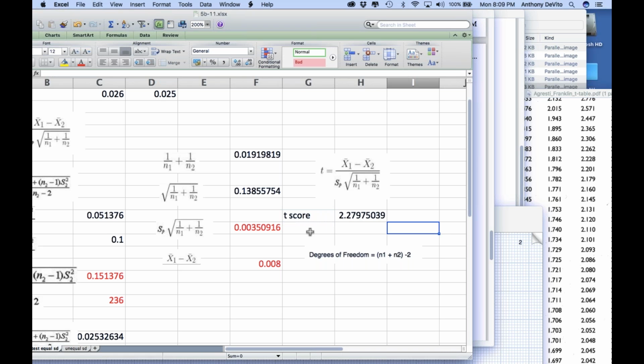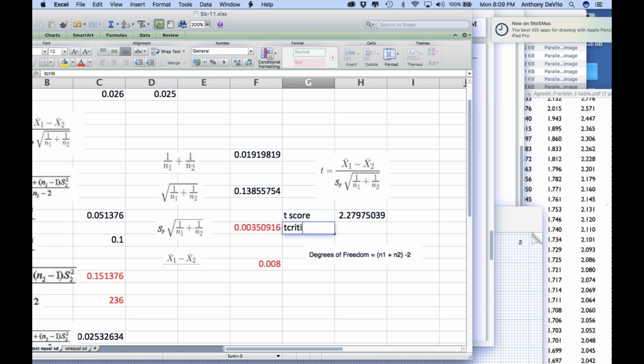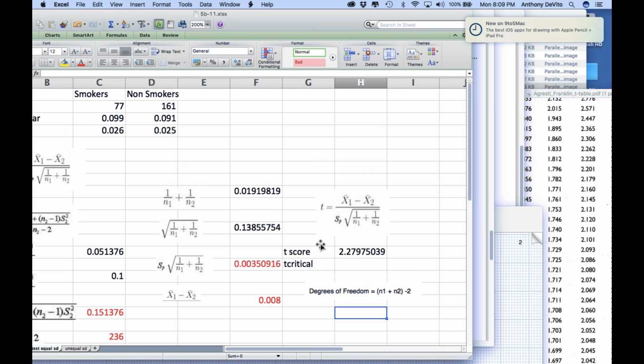Well, in order to know if I can reject my null hypothesis, I have to compare it to t critical for this sample size. For equal variances, the number of degrees of freedom is equal to n1 plus n2 minus 2, which we already know: 77 plus 161 minus 2 is 236.